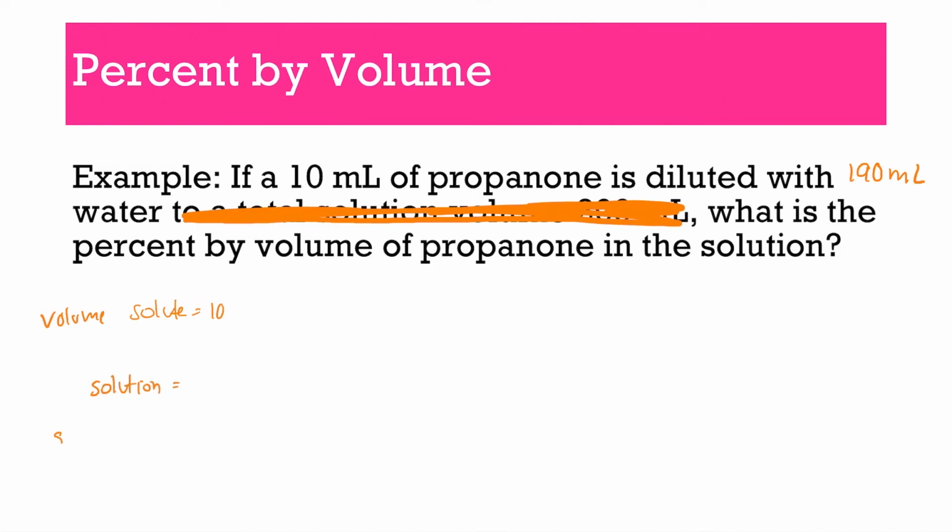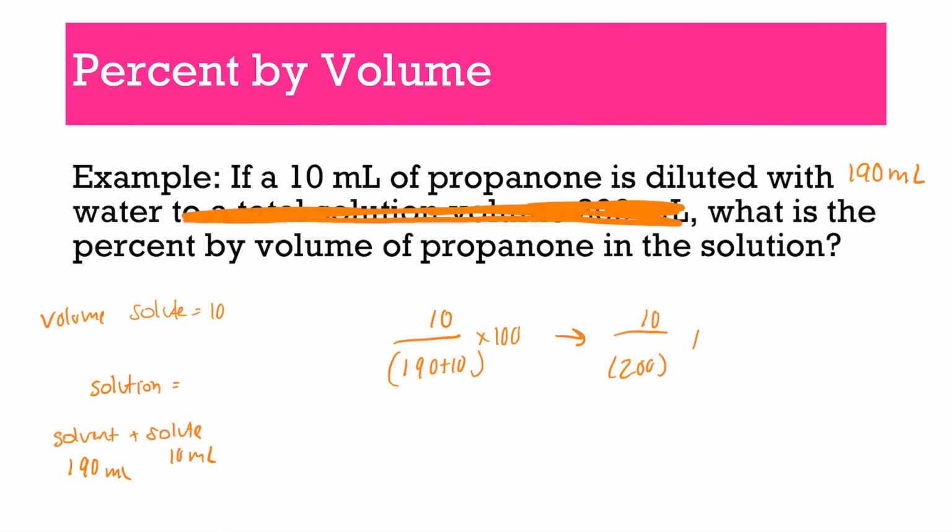Solution equals solvent plus solute. Our solute is 10 mL. Our solvent is 190 mL. So again, part over whole times 100. It's 10 over 200 times 100. Same thing we were left with before, equals that 5%.